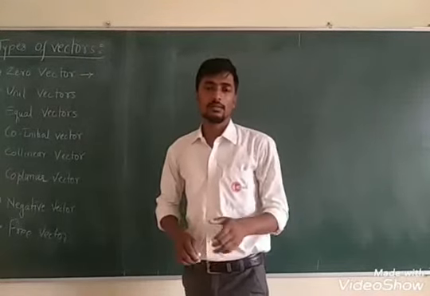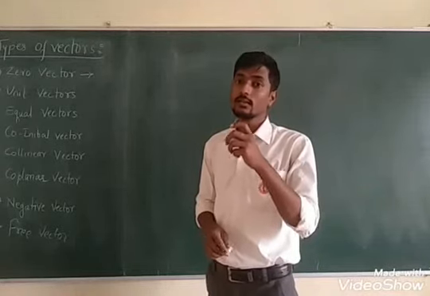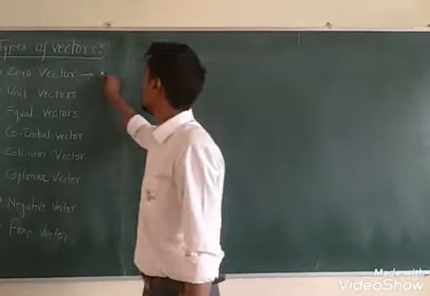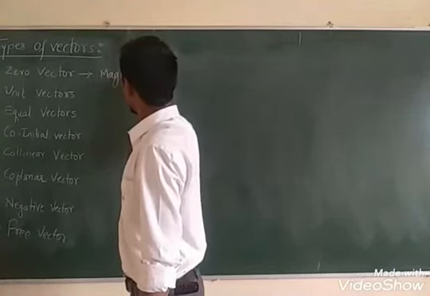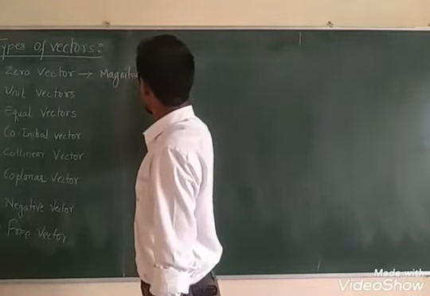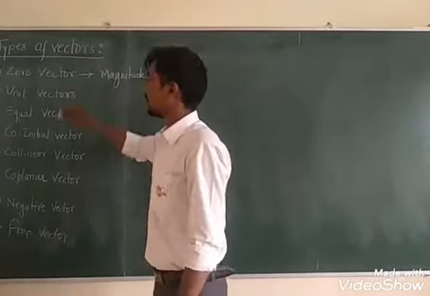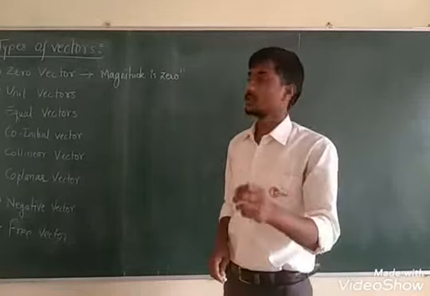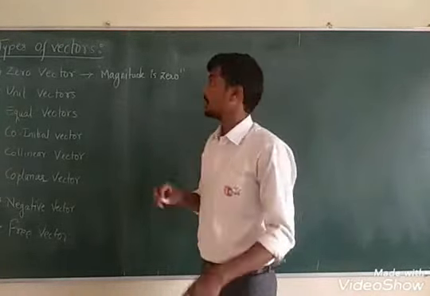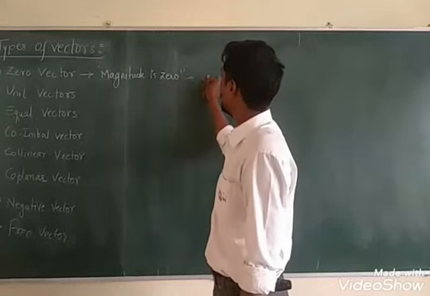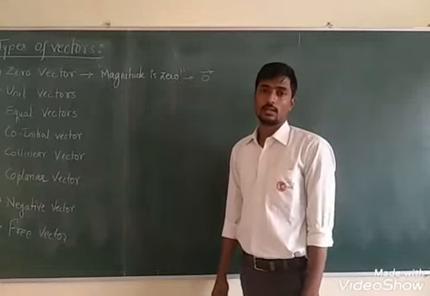What is meant by zero vector? The vector whose magnitude is zero. Such vectors are called zero vectors or null vectors, and we denote this vector as O. The vector O is represented by the zero vector.